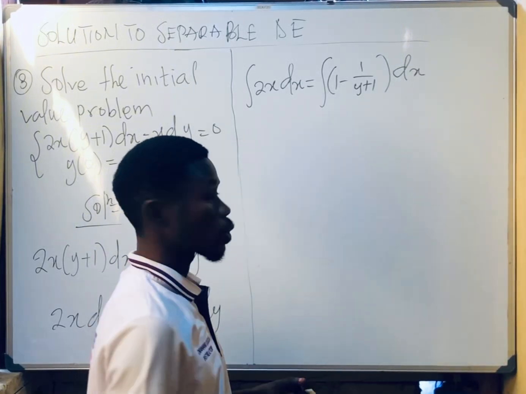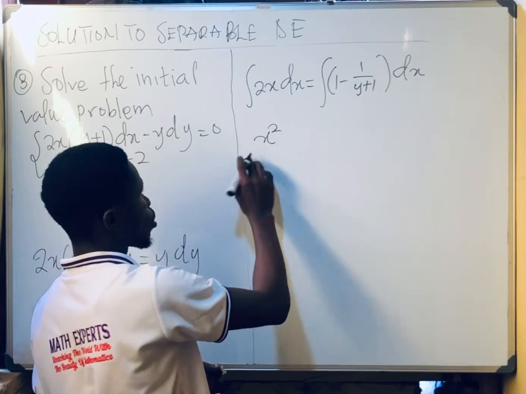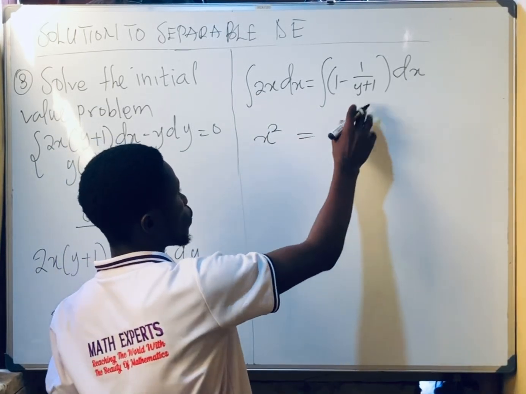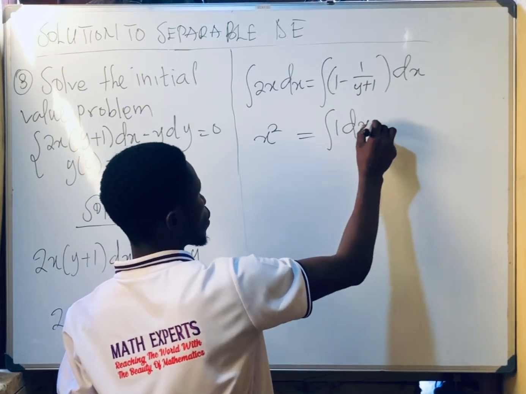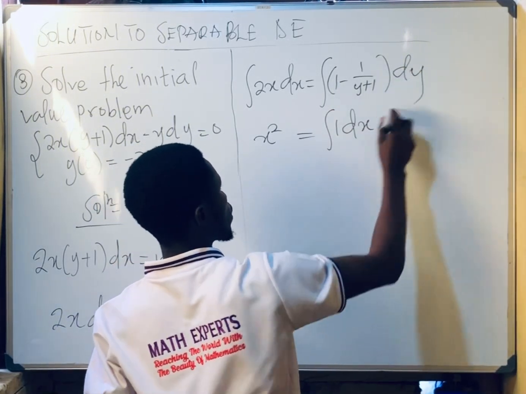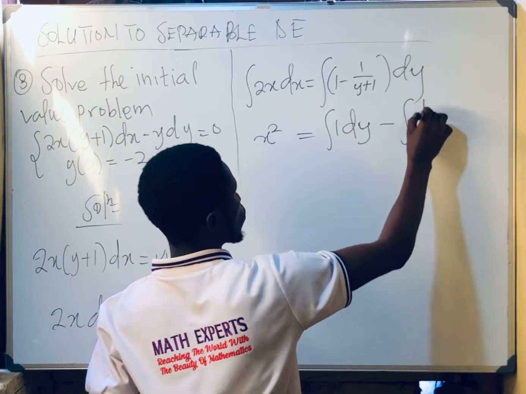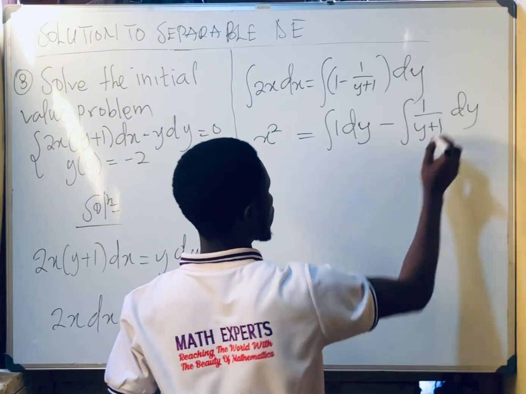Is that okay? So if I integrate this, I have x squared, because it will be over 2 and the 2 will cancel this 2. Then if I integrate this, I can separate them, so the integral of 1 dy minus the integral of 1 over y plus 1 dy.